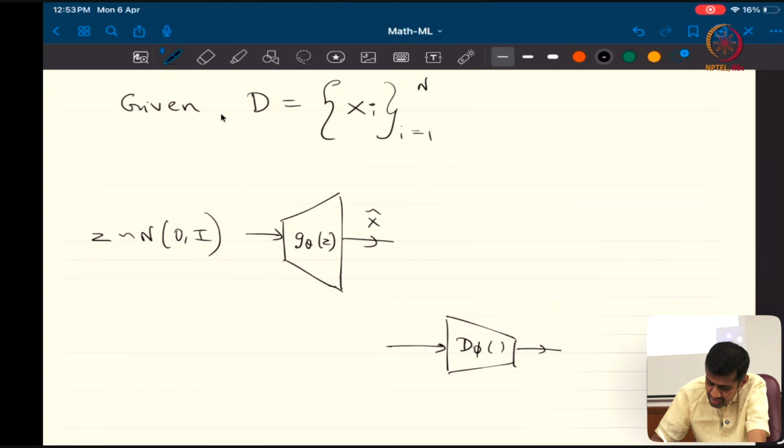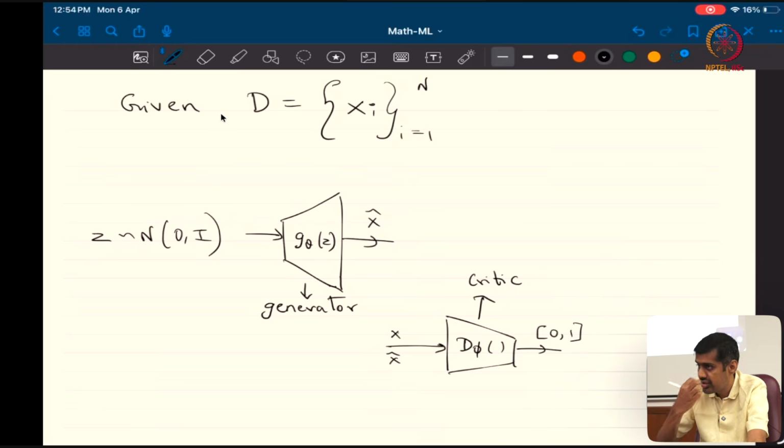So it will take x and x cap both as input, and it will give a value between 0 and 1 for this particular divergence metric. If it is for a different divergence metric, the output of this neural network will be different. So typically this neural network is called the generator neural network, and this neural network is called the critique neural network. Critique or discriminator, some people call it critique, some people call it discriminator.